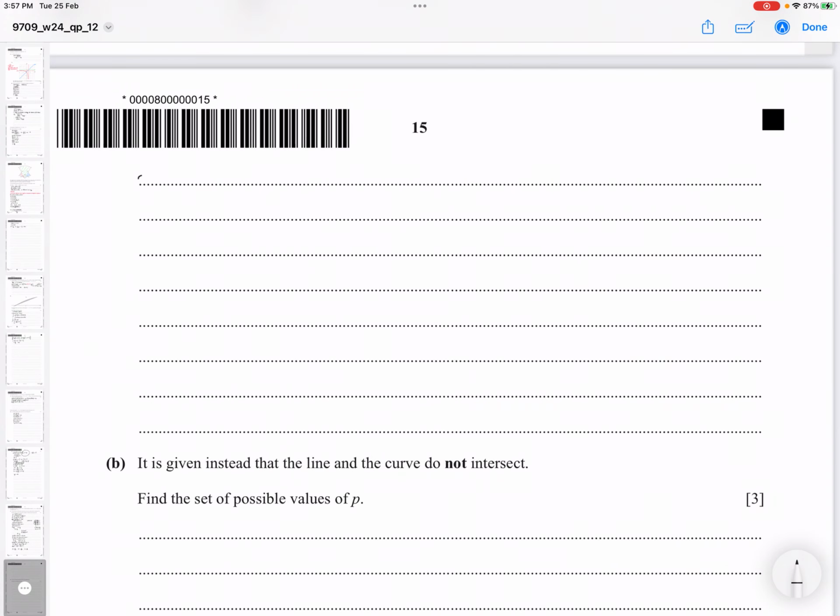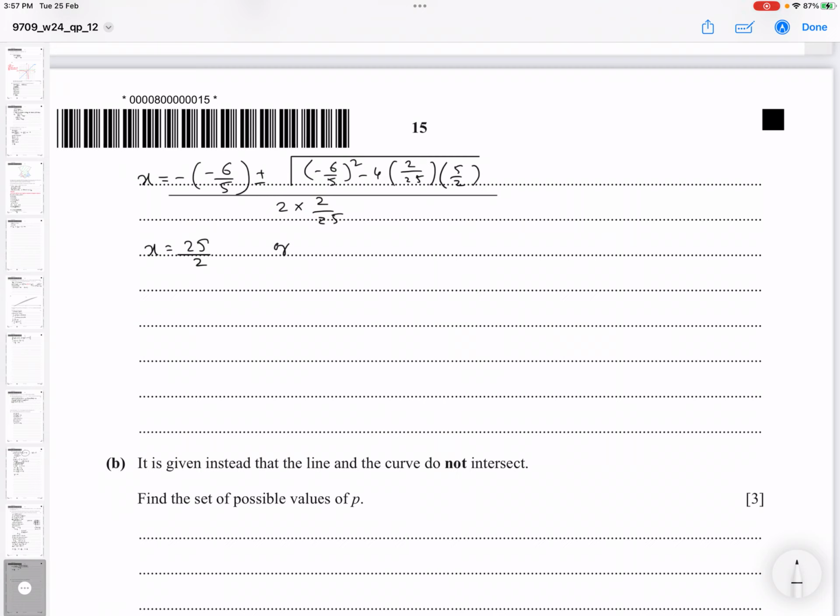So x is equal to minus b plus or minus the square root of b squared minus 4ac, where b is minus 6 over 5, squared, minus 4 times 2 over 25, c is 5 over 2, all over 2a. 2 into a was 2 over 25. Use your calculator, you will find x equals 25 over 2 or x equals 5 by 2.